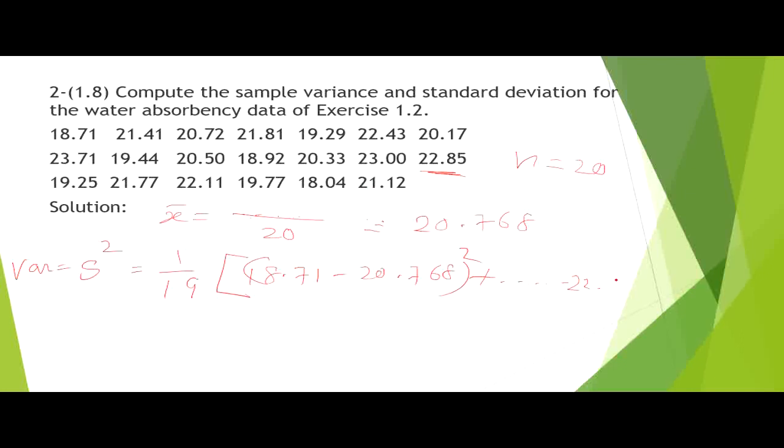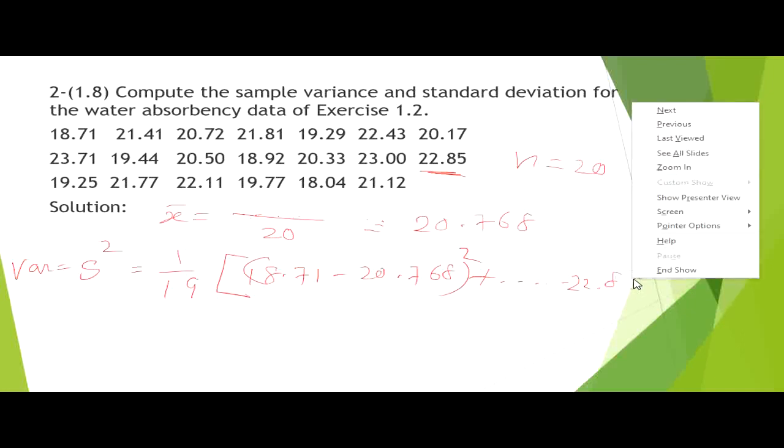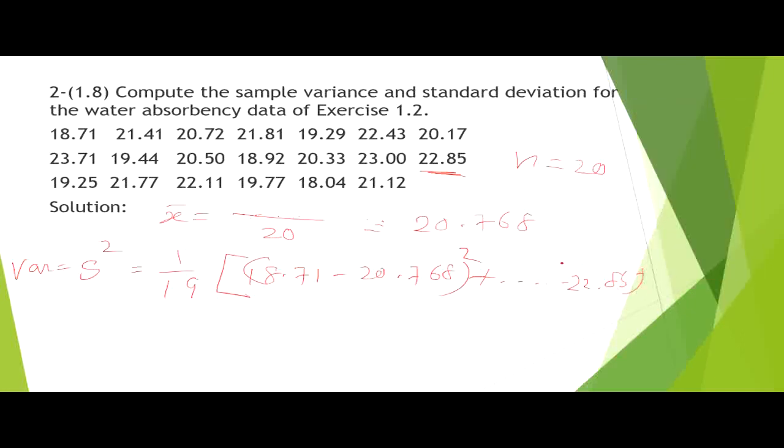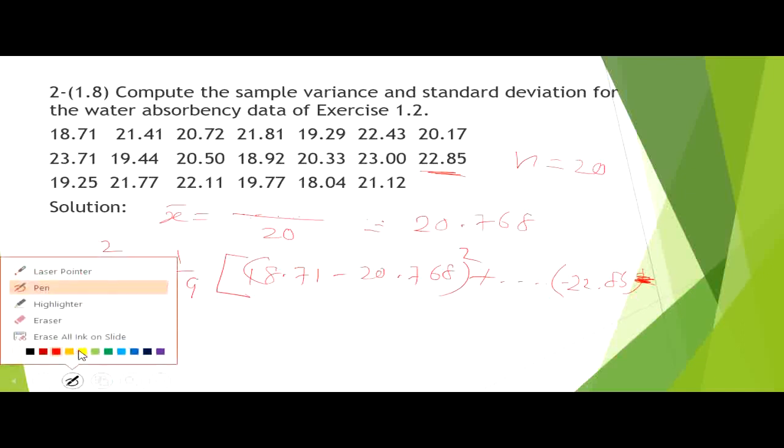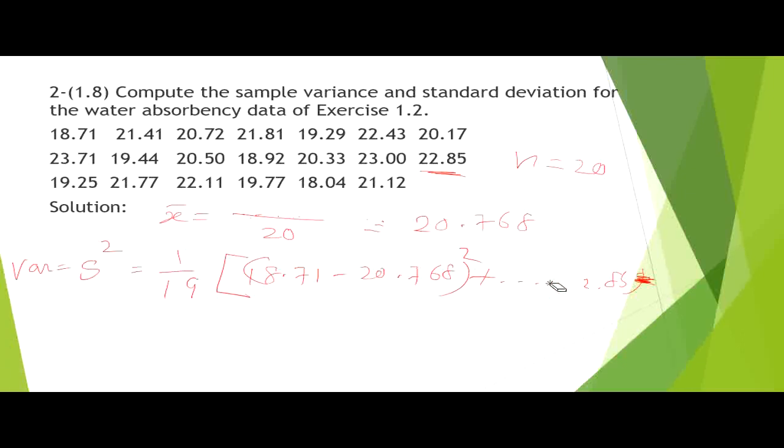22.85 minus 20.768, whole square, the last 20th term.